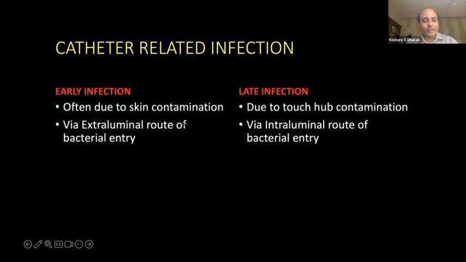It is very often due to skin contamination via the extraluminal route, most often due to improper skin care before access insertion. A late infection is mainly due to improper cleaning or touch contamination of the cap, and this is through the lumen. The bacteria enter the catheter through the lumen.